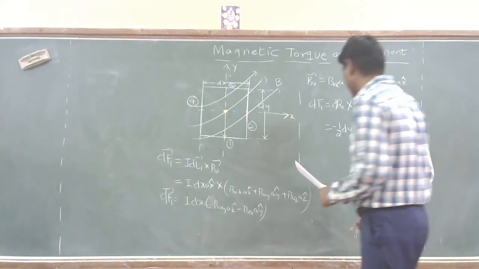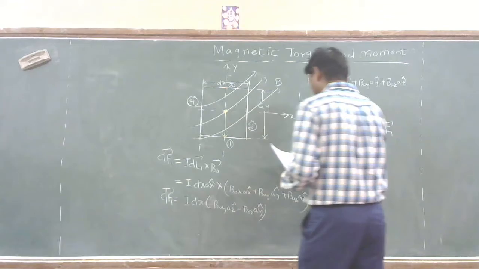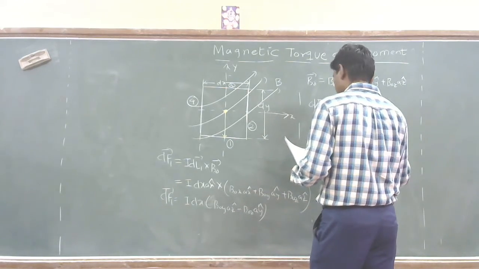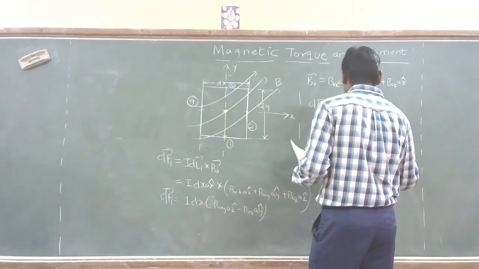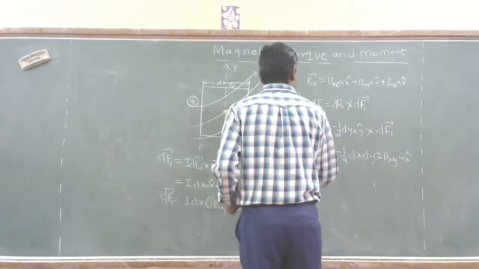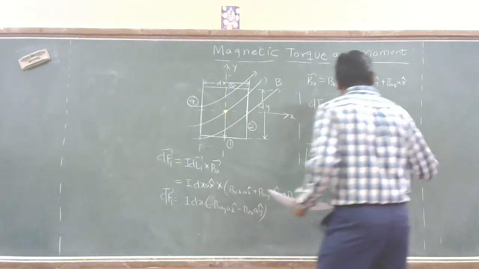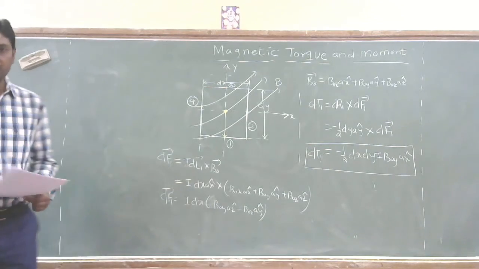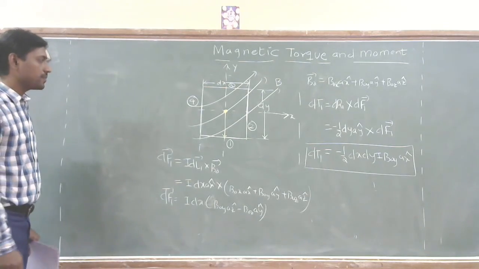And I'll try to write down the final result. It is minus 1 by 2 dx dy I B naught y ax hat. That is the torque contribution from side 1.